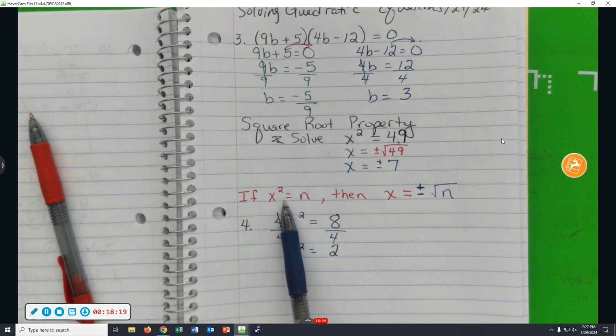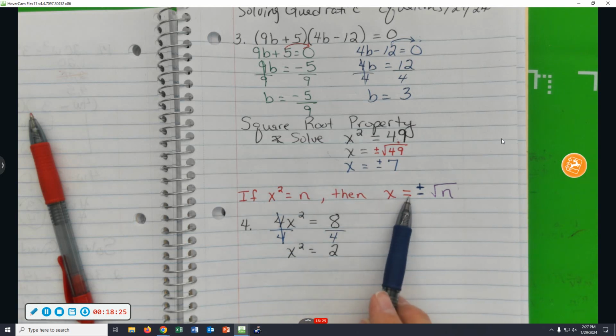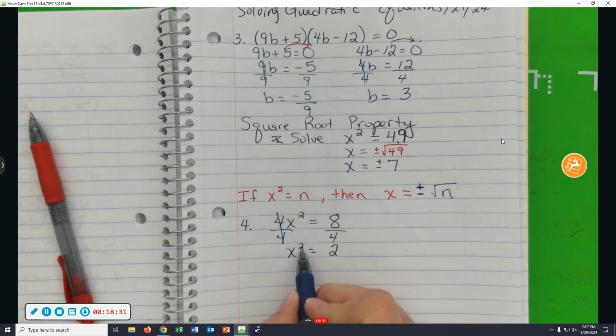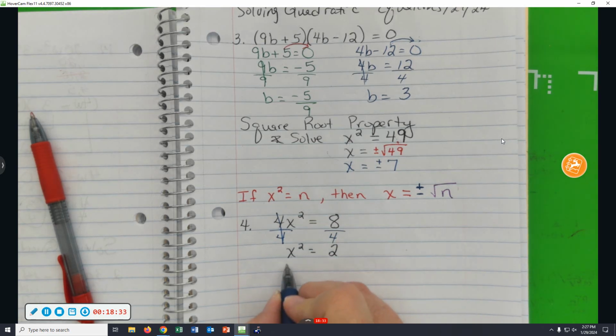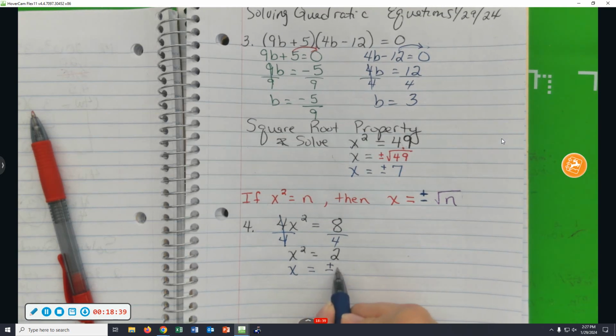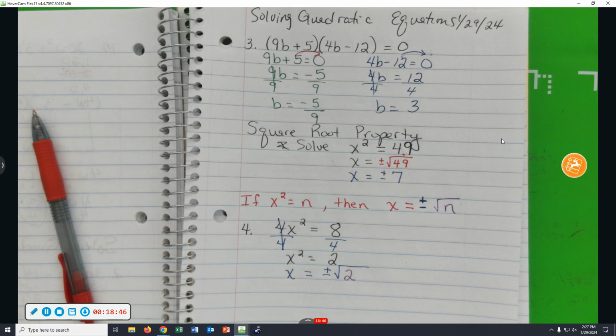And then we can use that statement. X squared is 2, then x is plus or minus the square root of 2. Replace the n with a 2. So basically on the left you're dropping the square, so write x, and on the right you stick plus minus square root over that 2.